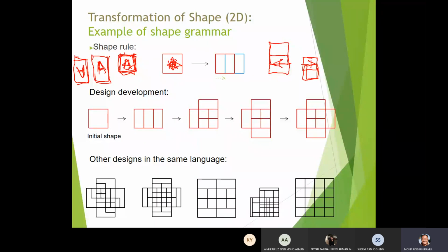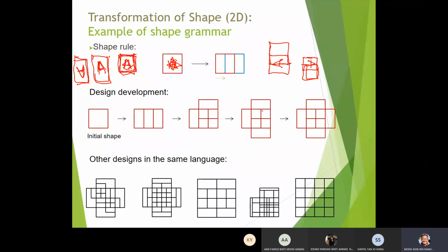So basically, when you look at the object, without moving or rotating it, just by looking at the object itself, you would actually look at it in different ways. Okay, so in the design development process, you keep applying the rules like here.